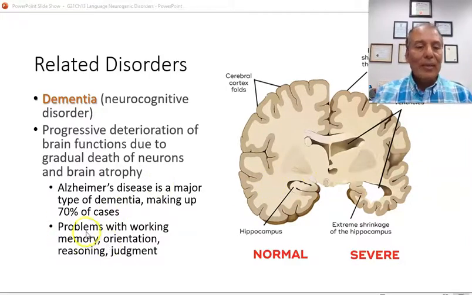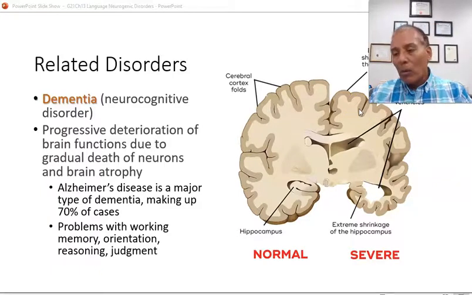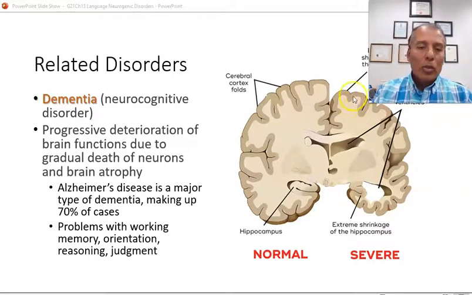So the main problems that patients with Alzheimer's experience include working memory problems in the frontal cortex here. Many areas in the frontal lobe are dedicated to working memory skills, and orientation. For example, knowing who you are, where you are, what day it is, what month, what year, what country you live in, who are your family members, and so on. Basic facts of life.